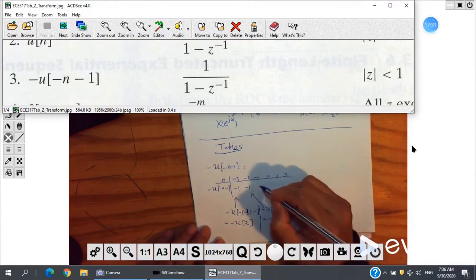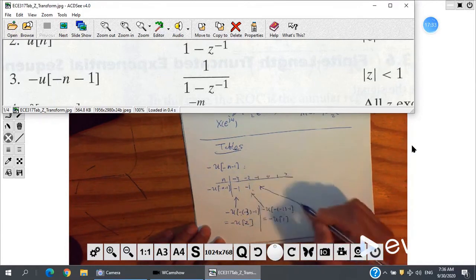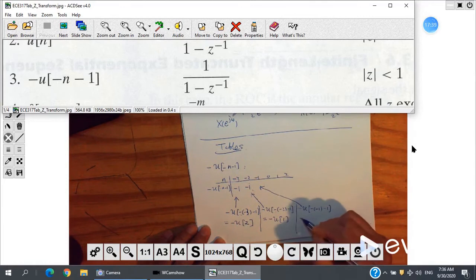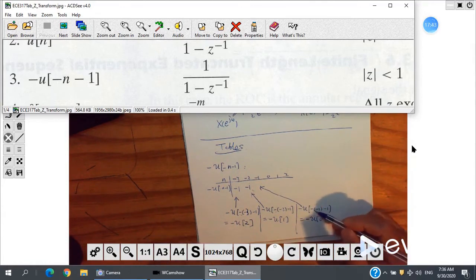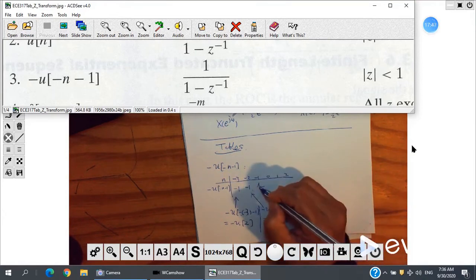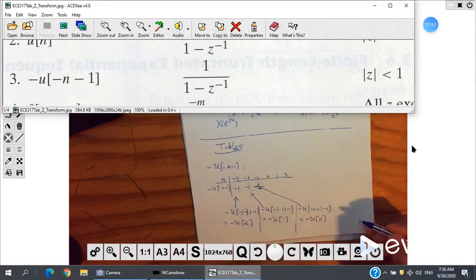And this one is negative u of negative 1 minus 1, which is negative u of 0. U of 0 is 1, so here's another negative 1.